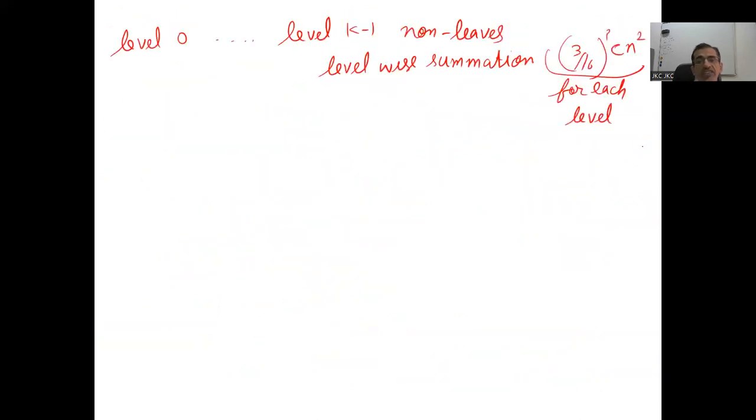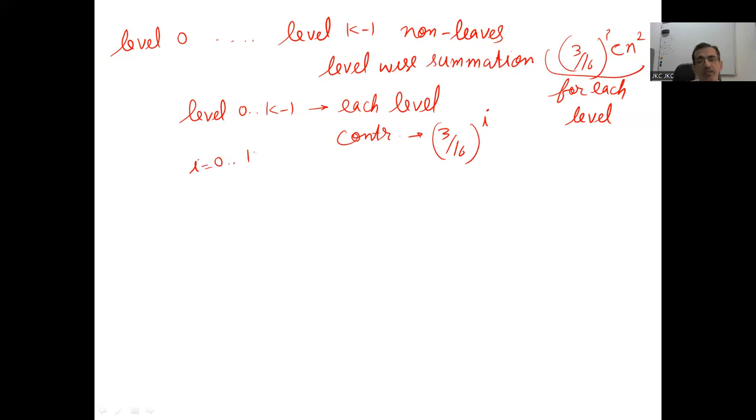So for levels 0 to k minus 1, each level contribution is 3 by 16 raised to i, where i ranges from 0 to k minus 1, into Cn squared. But leaf levels are always considered differently.